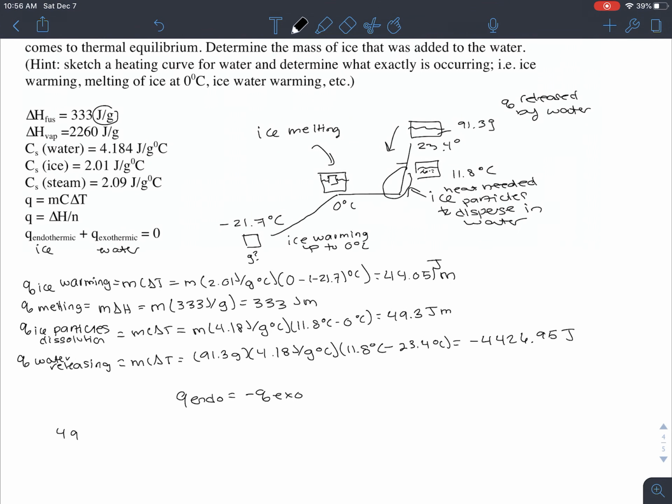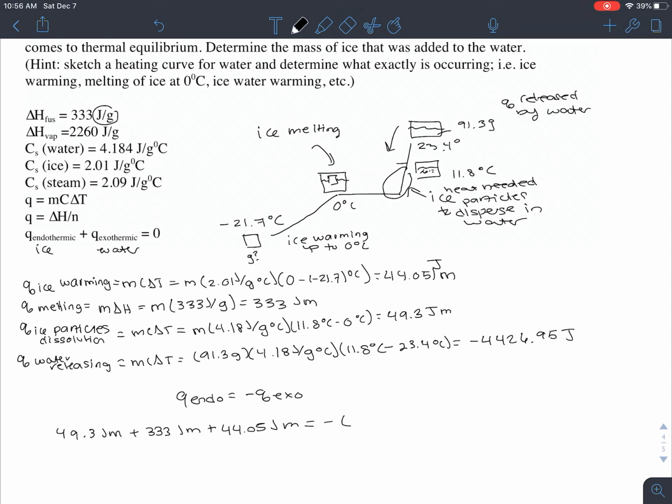So you know that Q endo is equal to negative Q exo. So you plug everything in. We have 49.3 M joules plus 333 joules M plus 44.05 joules M is equal to negative.